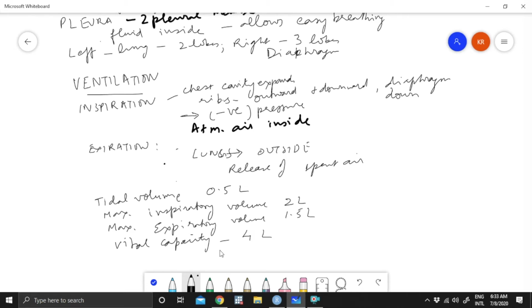So this accounts for residual volume and dead space. This is about 1.5 liters. So that will be the total capacity of the lungs. But these are important to know, especially the meaning of tidal volume and the meaning of vital capacity of lungs.